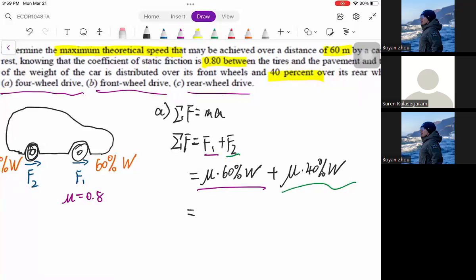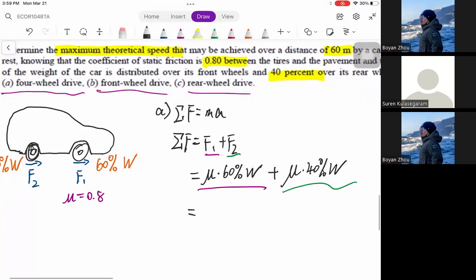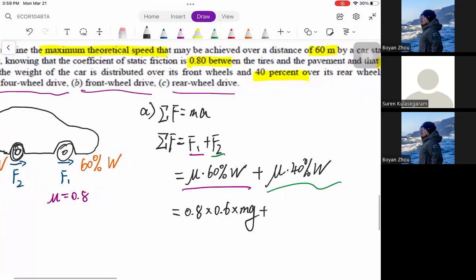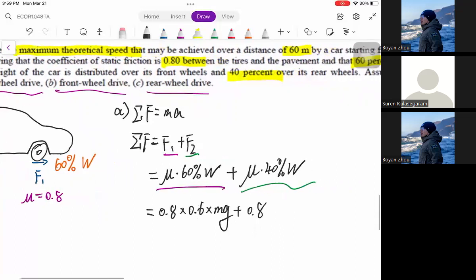So I'm just going to plug in those numbers. The friction coefficient we have is 0.8 times 0.6 times weight, which is equal to mass times the gravitational acceleration, plus the friction coefficient 0.8 times 0.4 times mg.